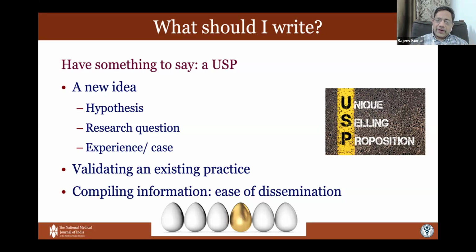Or you may very well be validating a practice that's already been described but hasn't been done in the particular environment that you work in. All that would be valuable. And therefore, it doesn't always have to be something new. You could simply be validating an existing experience that you have, and that would also be acceptable.